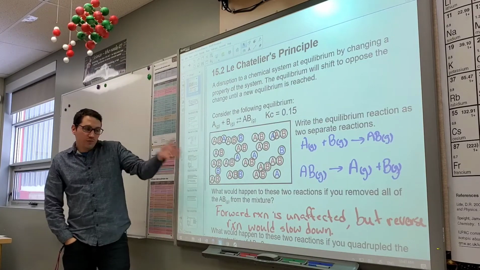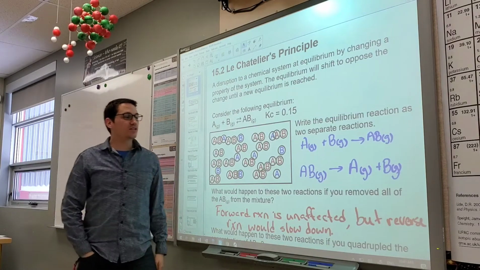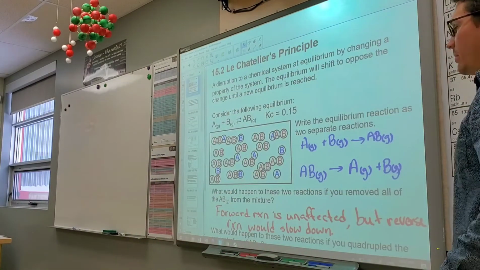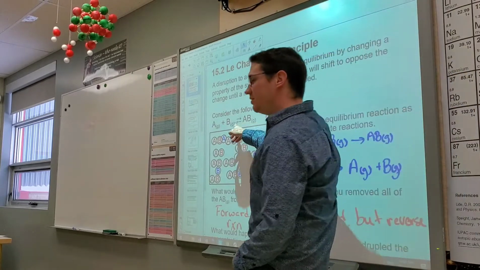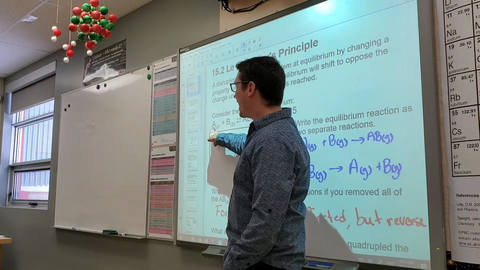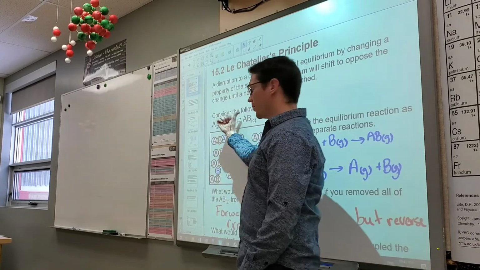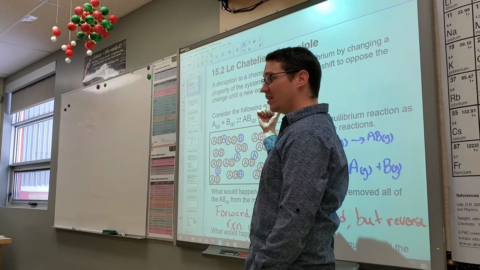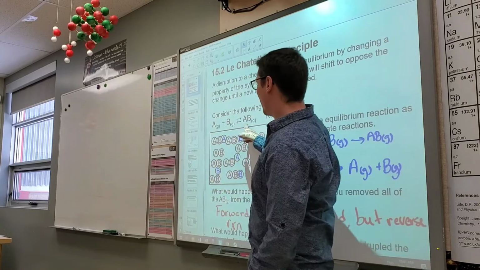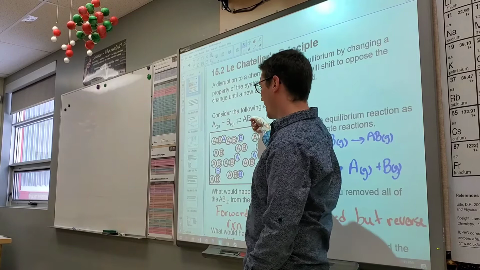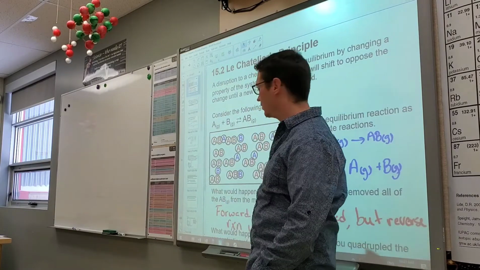Now, we just went over a little bit of information about, okay, if I add a compound or a chemical, here, if I add A, I'm really only affecting the forward reaction. Would you agree? If I add A, I haven't added or taken away any AB, so I can't really affect the reverse reaction, right?